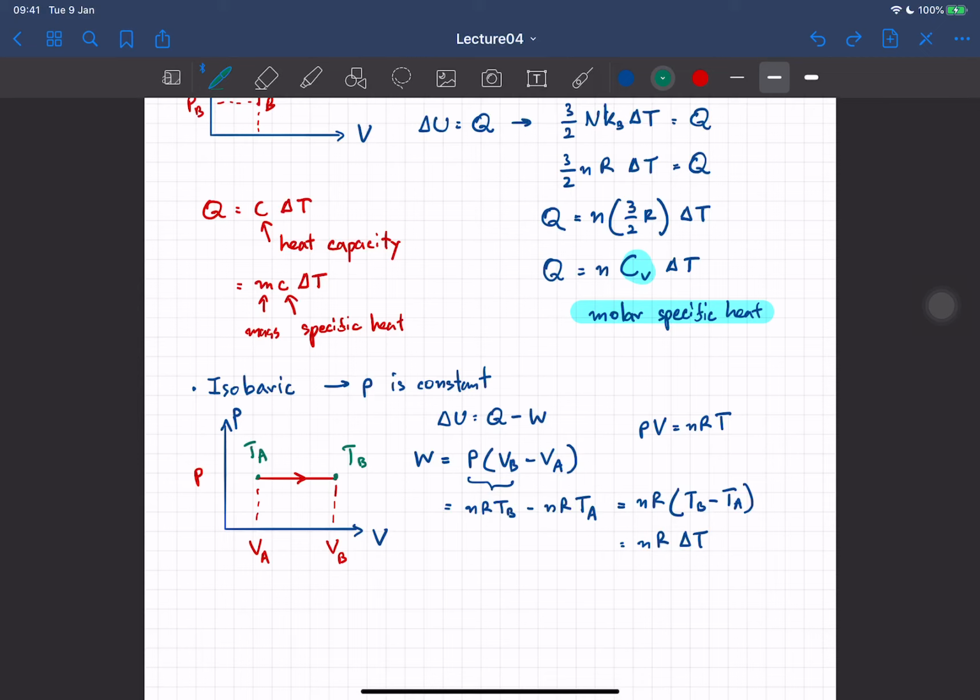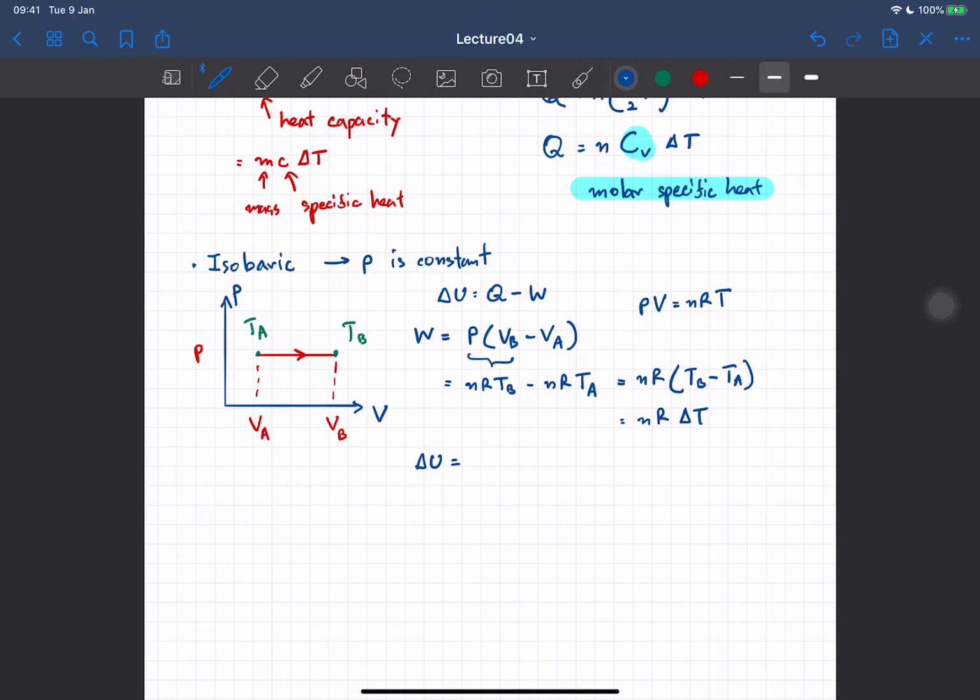The reason why we want to write W in terms of the change in temperature is that delta U is also written in terms of the change in temperature, which is the usual formula. For delta U, there's only one formula, no matter what process you use. Delta U is just 3/2 nR delta T, always this formula no matter what process.